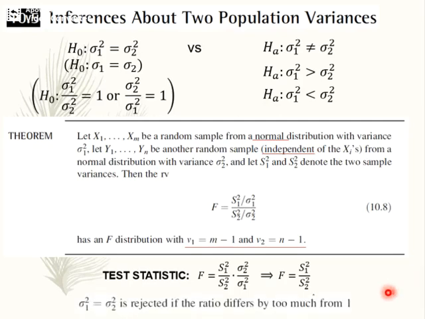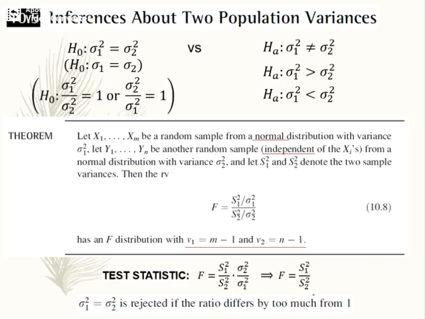And naturally, since this is our null, sigma 1 squared equals sigma 2 squared is going to be rejected if the ratio differs too much from 1. So it's just looking at this interpretation of the same null hypothesis.